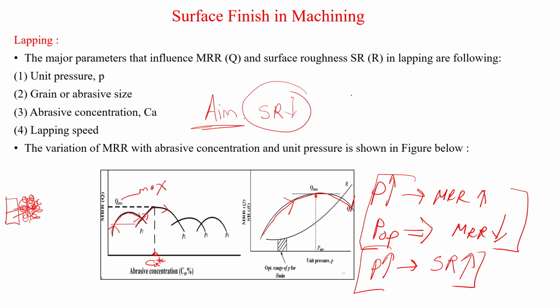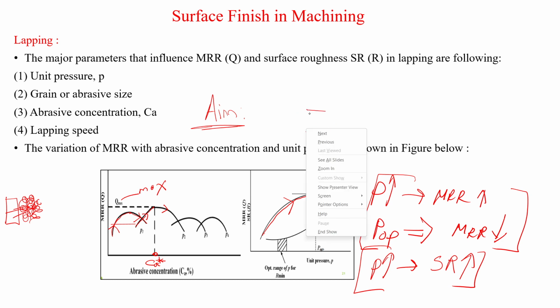But when you are increasing pressure, you are making more abrasive come in contact with your workpiece. You are pushing it very hard. See what is happening, I'll explain it.